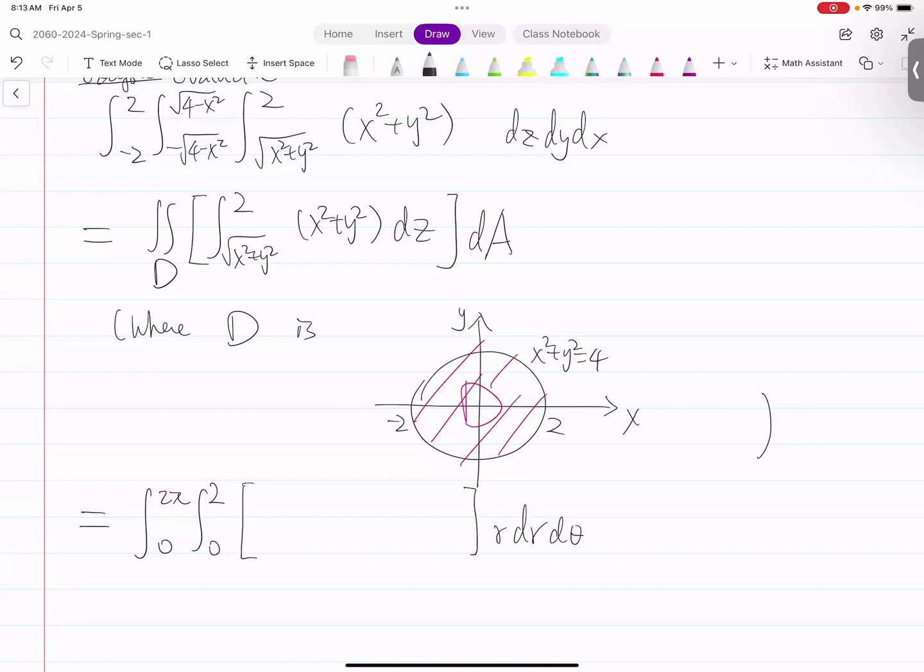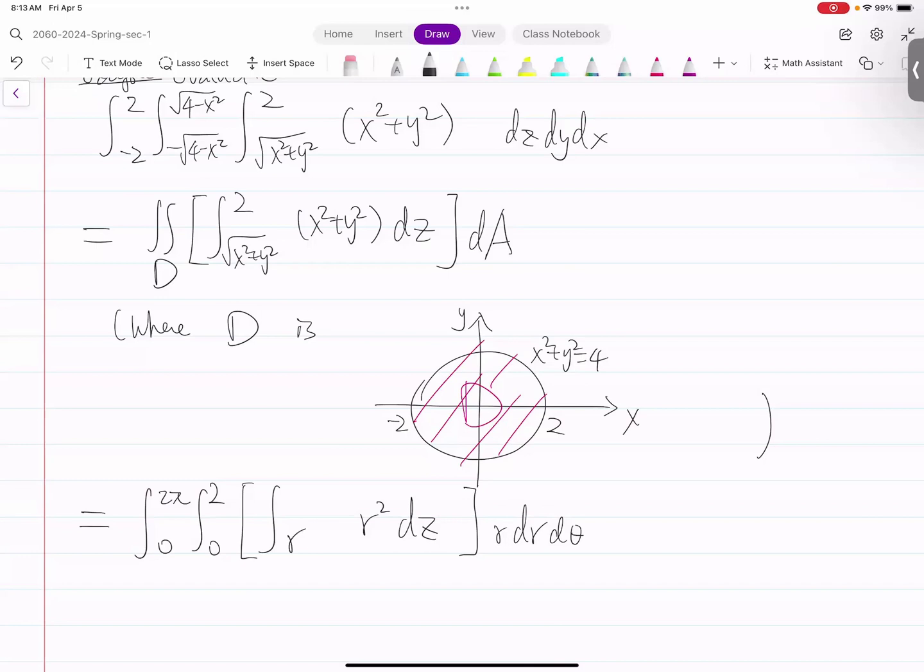Now we play with the inner part. We have x squared plus y squared equal to r squared. So that's in place of x squared plus y squared, the sum of squares. We still copy down dz. And then for the lower and upper bounds, under the square root, r squared just gives you r back, right?